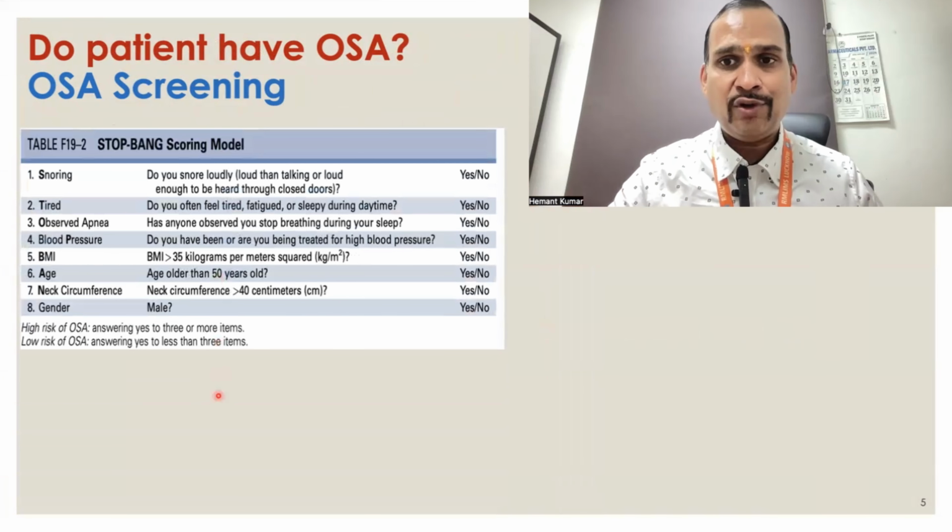So why are at least three leads required? Because when a patient is sleeping, he is generating various frequency waves. You must have heard in your MBBS days that while sleeping, there is beta wave, alpha wave, delta wave, theta wave.